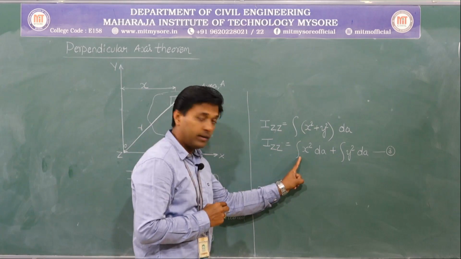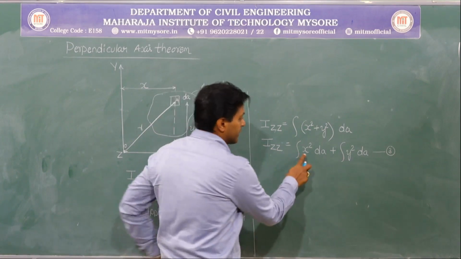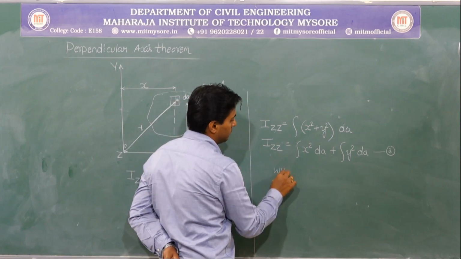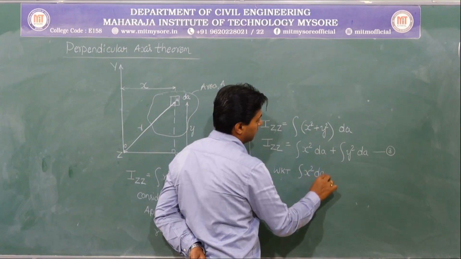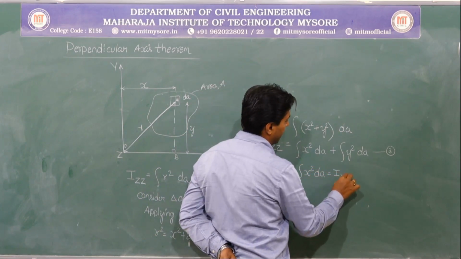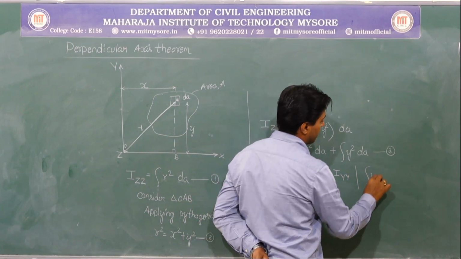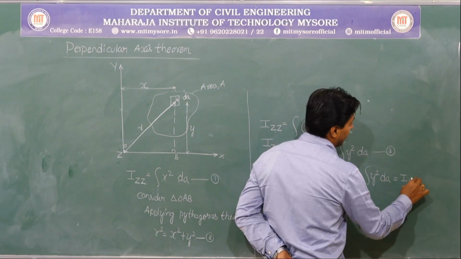Now don't you think that we have seen this formula? Yes, in the starting I derived it. So we know that the integral of x square dA is equal to Iyy, and the integral of y square dA is equal to Ixx.